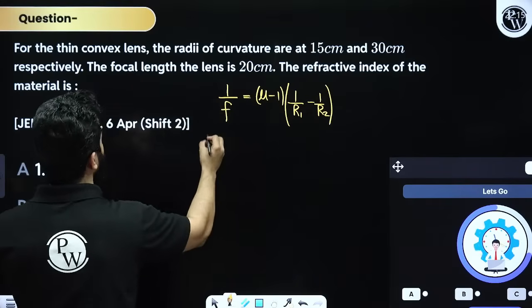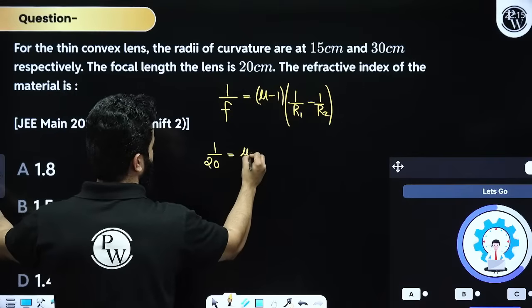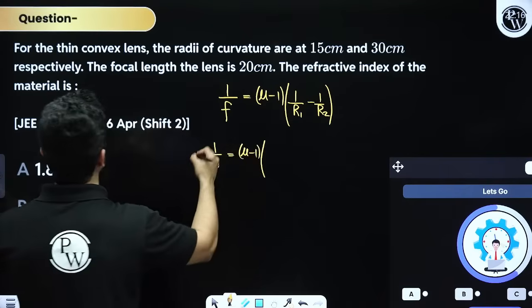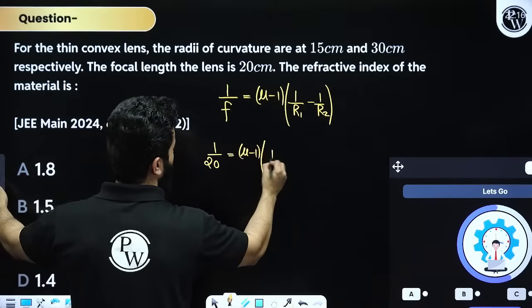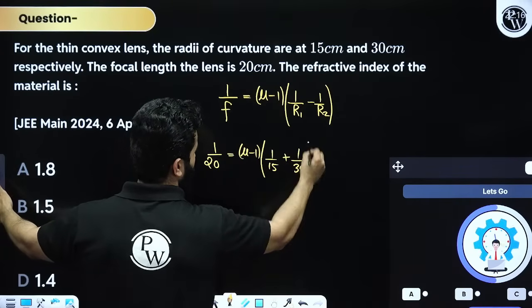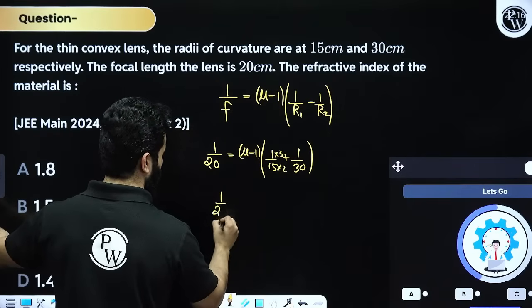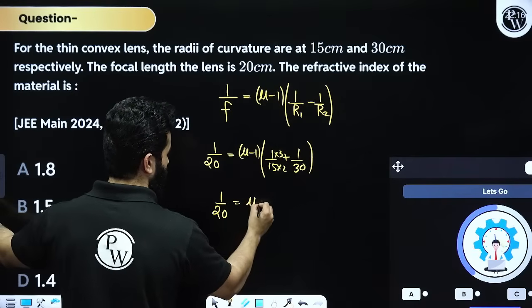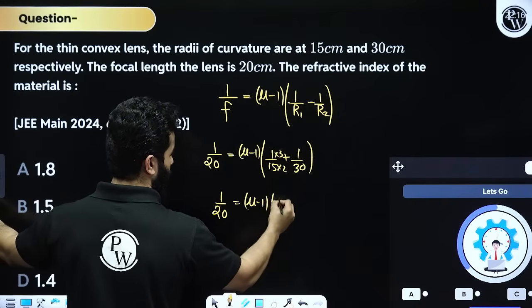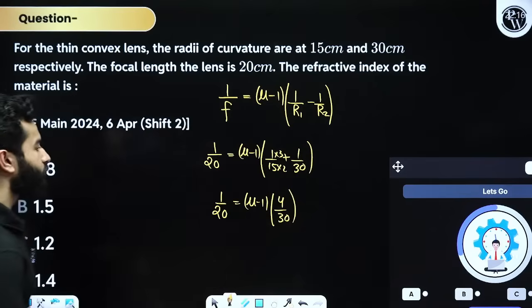So focal length is 20 centimeter, mu minus 1, and this is by the way convex, so 1 upon 15 plus 1 upon 30. So times 2, this will become 1 upon 20 is equal to mu minus 1 times 4 upon 30. Everything's clear.